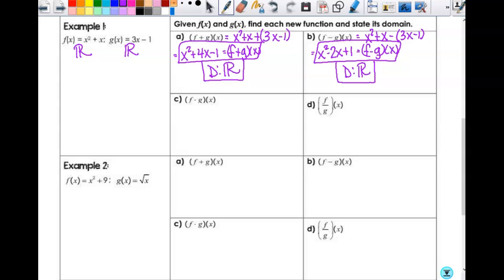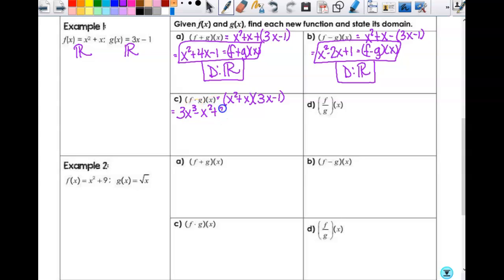So then f times g of x, right? Well, f is x squared plus x times g, which is 3x minus 1. So when I multiply those together, x squared times 3x is 3x cubed. The outside two, x squared times a negative 1 is negative x squared.